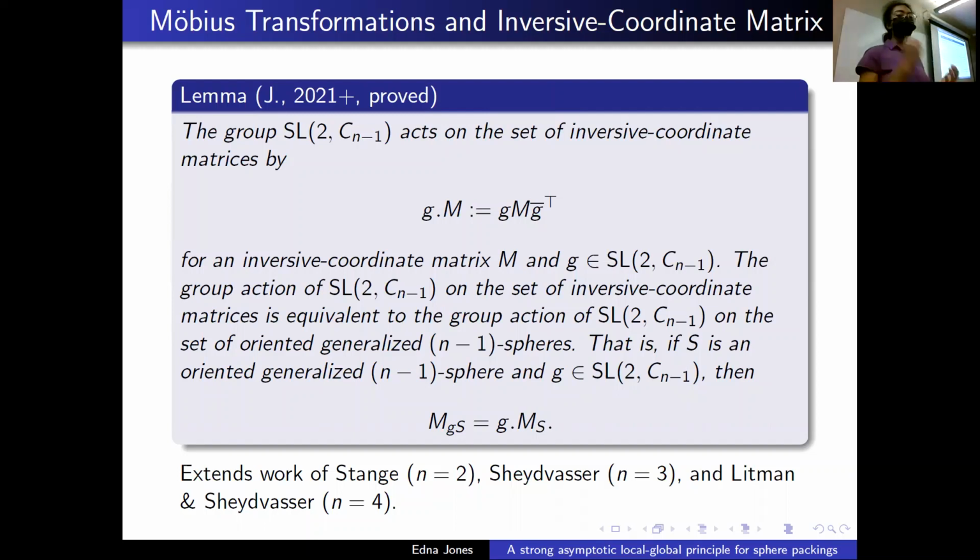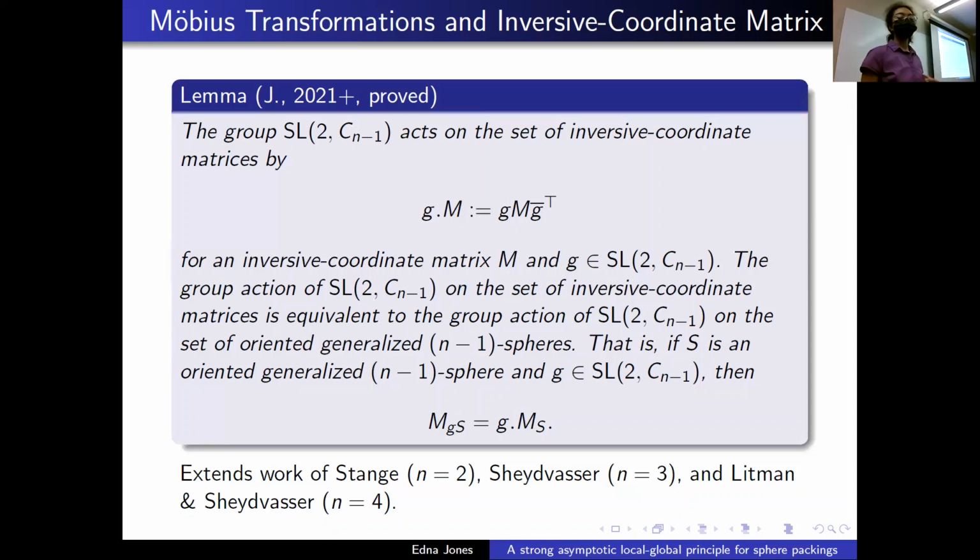And this group action on the set of inversive coordinate matrices is equivalent to the group action of SL2(C^{n-1}) on the set of oriented generalized n-1 spheres.